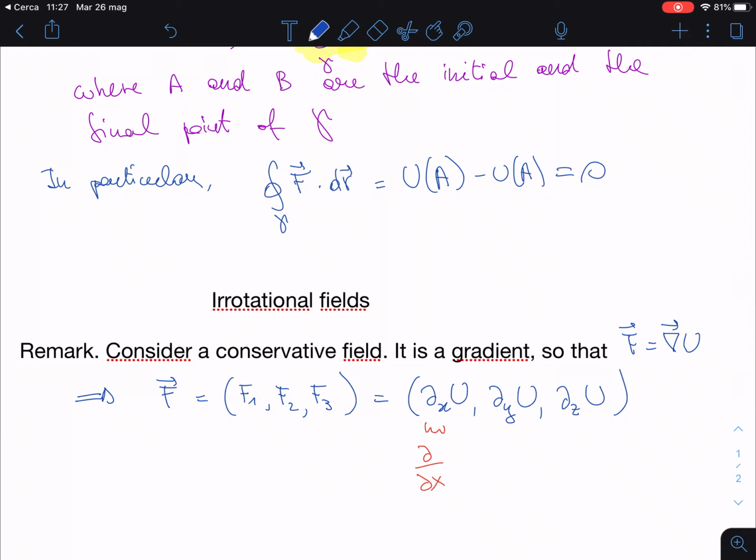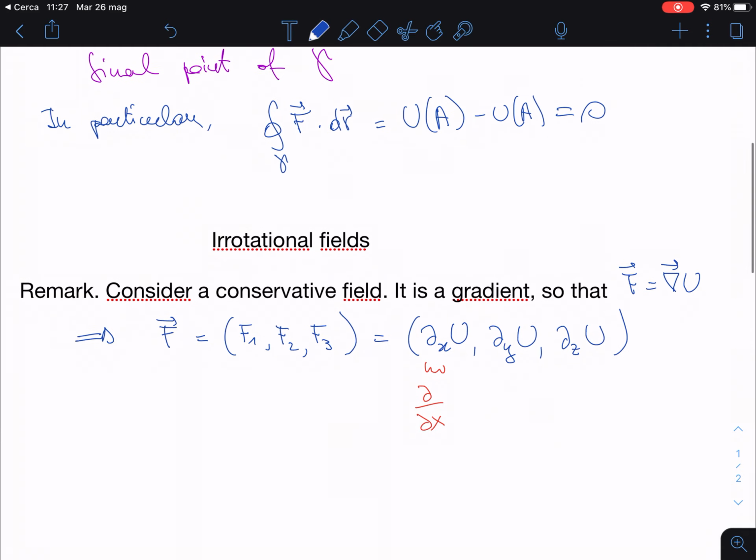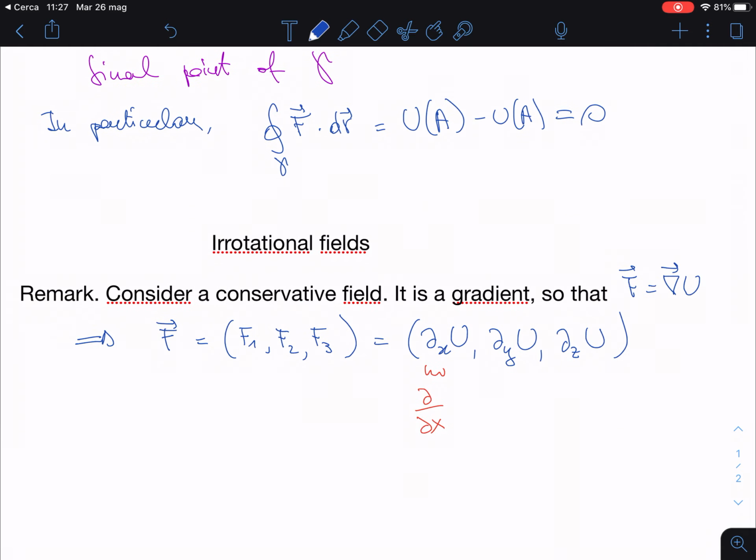Okay? So now consider, for instance, the derivative with respect to the variable y of f1, the x component.